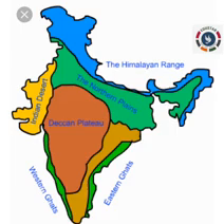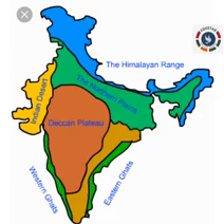Now, we can move to the physical divisions of India. We have 6 physical divisions. The first one is the northern mountains, then the northern plains, the Great Indian Desert, the Peninsular Plateau, the coastal plains, and the islands.